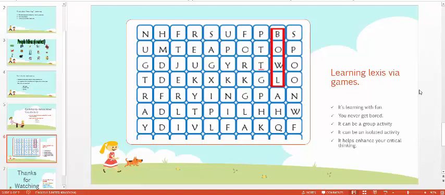You can take a friend and do this activity and improve your vocabulary. This gaming activity also helps enhance your critical thinking, so critical thinking and critical analysis skills can also be improved in this manner.